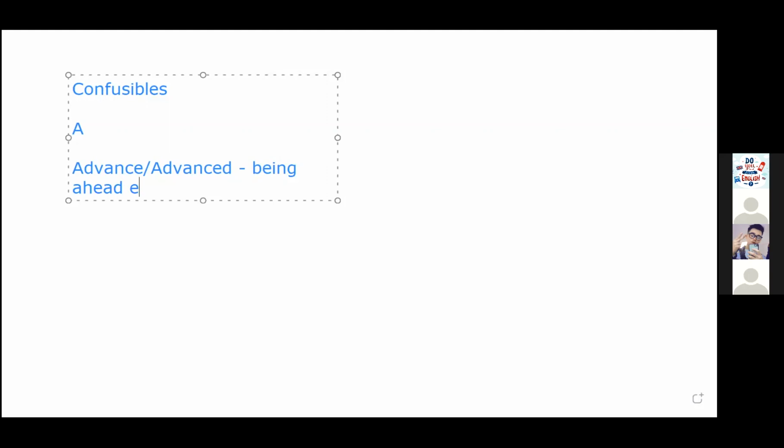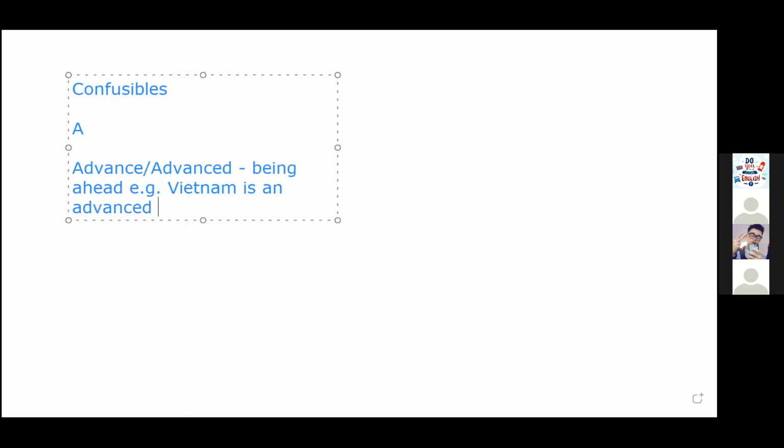Being ahead, for example, Vietnam is an advanced civilization. It means being ahead of something else or someone else. So advance means to make progress, go forward. Advanced means something that's being ahead. So the words are similar and the meanings are similar, but they're not quite the same. All right, that's the first one.